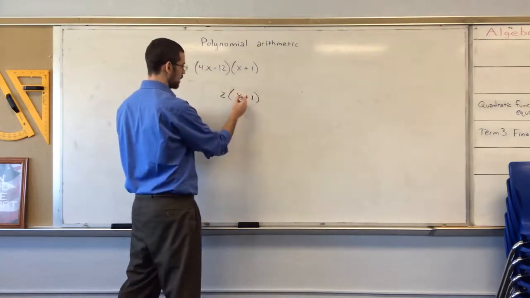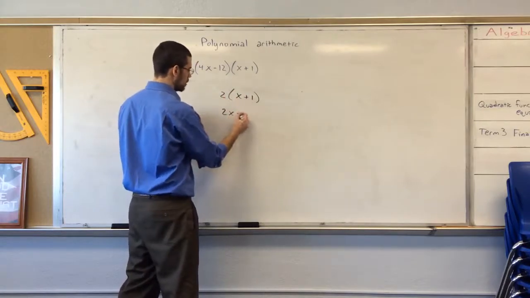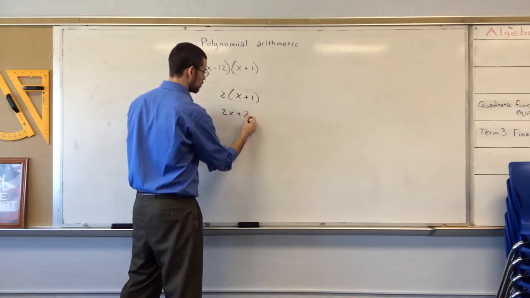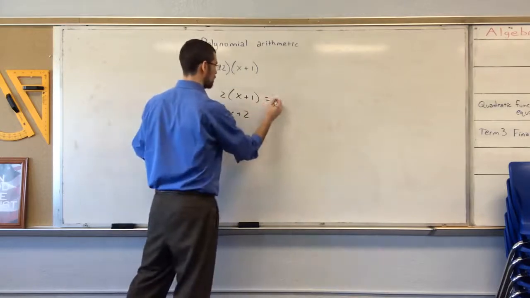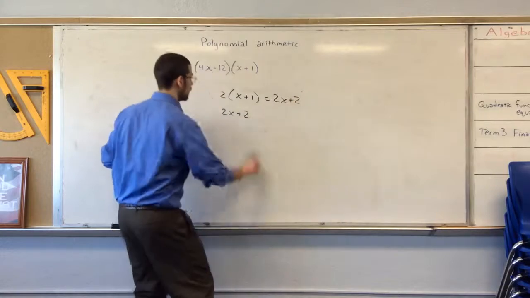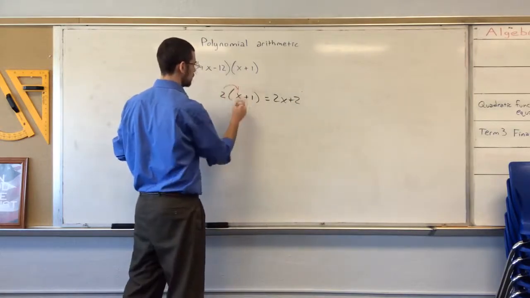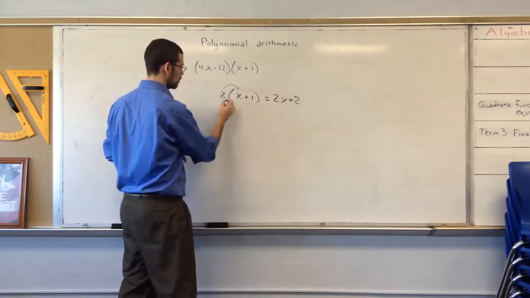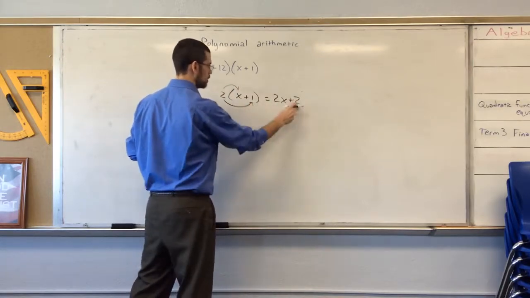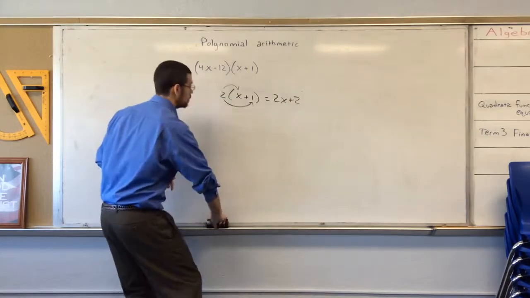It's 2 times x, 2x, plus 2 times 1, or just 2. So that equals 2x plus 2. We multiplied 2 times x to get 2x, and we multiplied 2 times 1 to get the 2. That's the distributive property.